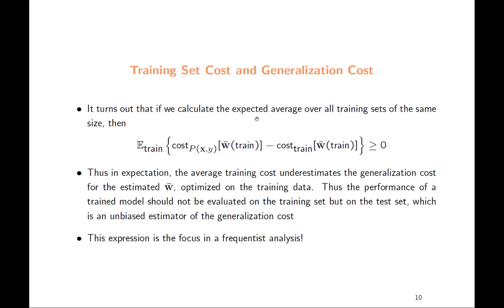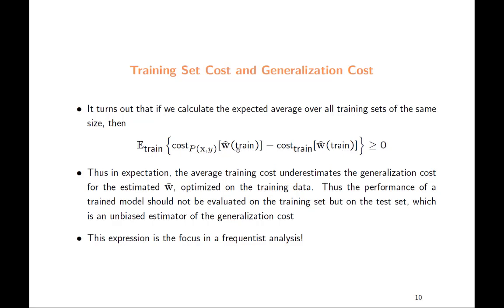And it turns out that the training error underestimates the generalization error. By this a little bit complicated equation, what we are doing is this is the cost of the training, so this is the parameter we obtain in training, and we evaluate it also on the training set.